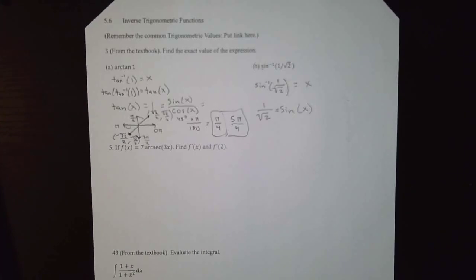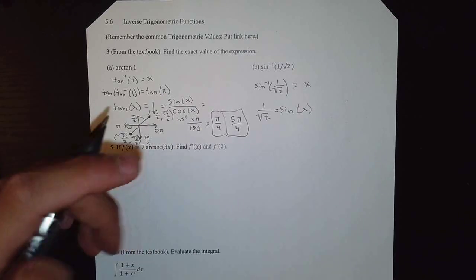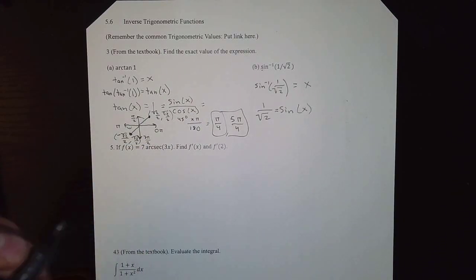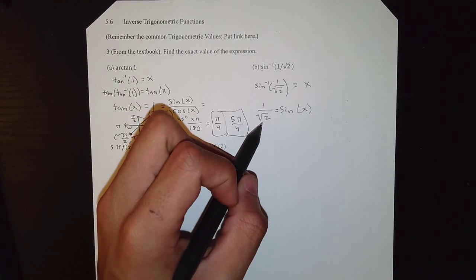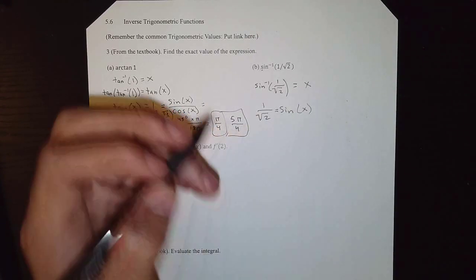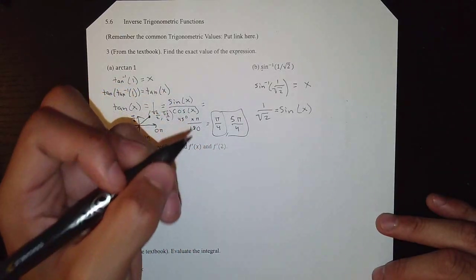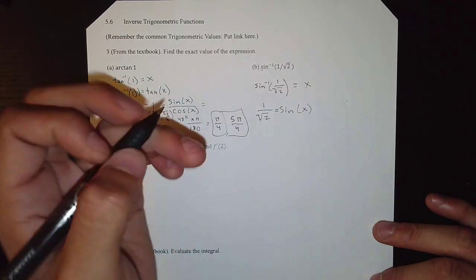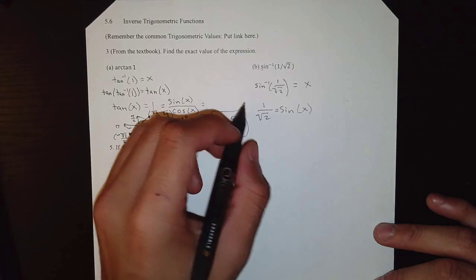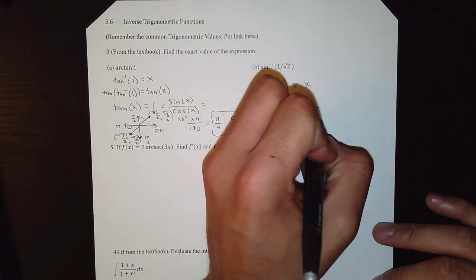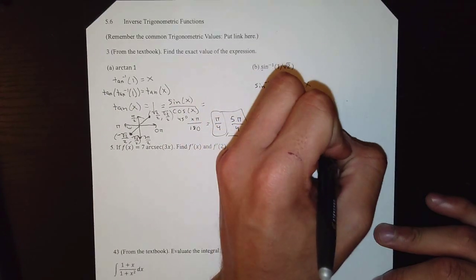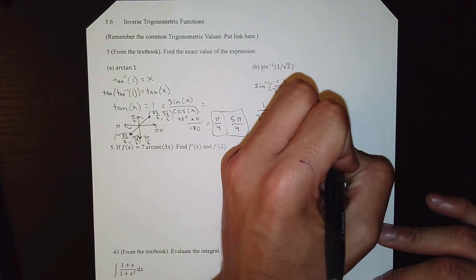Well, let's try to rationalize the denominator first. So recall from algebra that we were told that we weren't allowed to have square roots in the denominator, and so we were told to multiply the numerator and the denominator by that square root. And so let's do that. If we multiply the top and bottom by the square root of 2, we would end up getting the square root of 2 divided by 2.